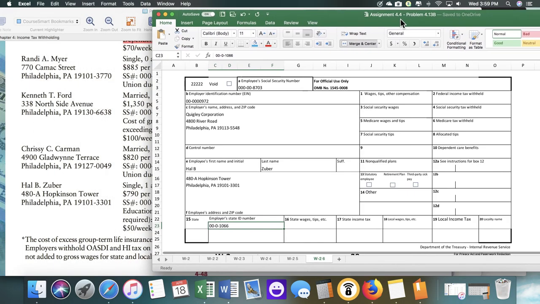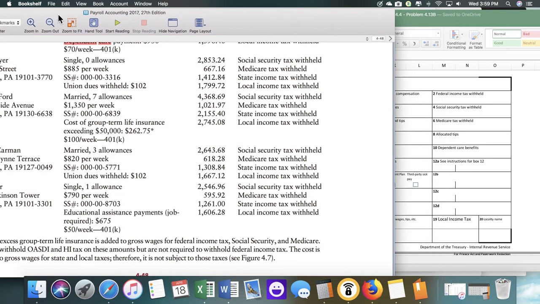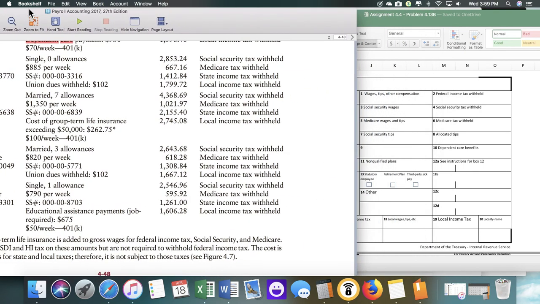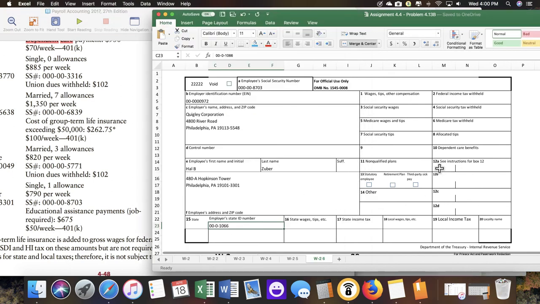So Howzer, he is $790 a week, but he does have $50 a week for 401k. So that is going to be $2,600.